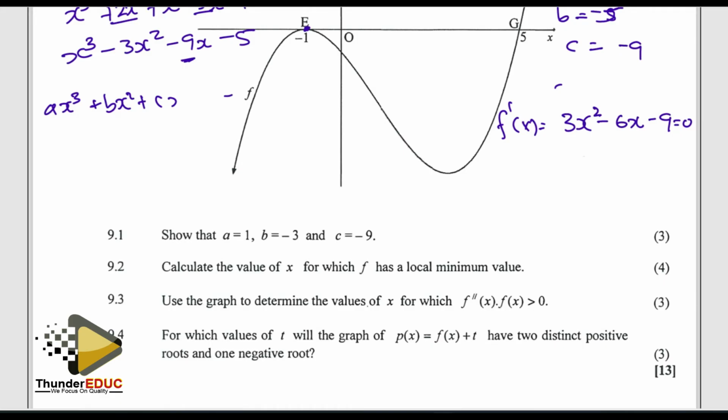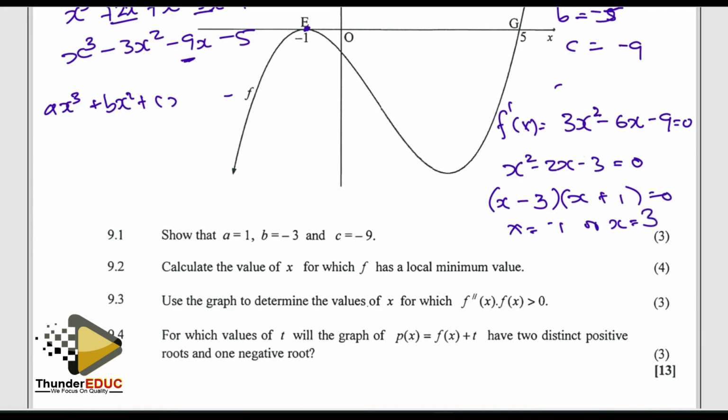I'll divide through by 3: x squared minus 2x minus 3 is 0. Open this up: (x minus 3)(x plus 1). Which means x is -1 or x is 3. What do they want? The value of x for which it has a local minimum. So x has to be 3 at this point. The -1 is already at point E.